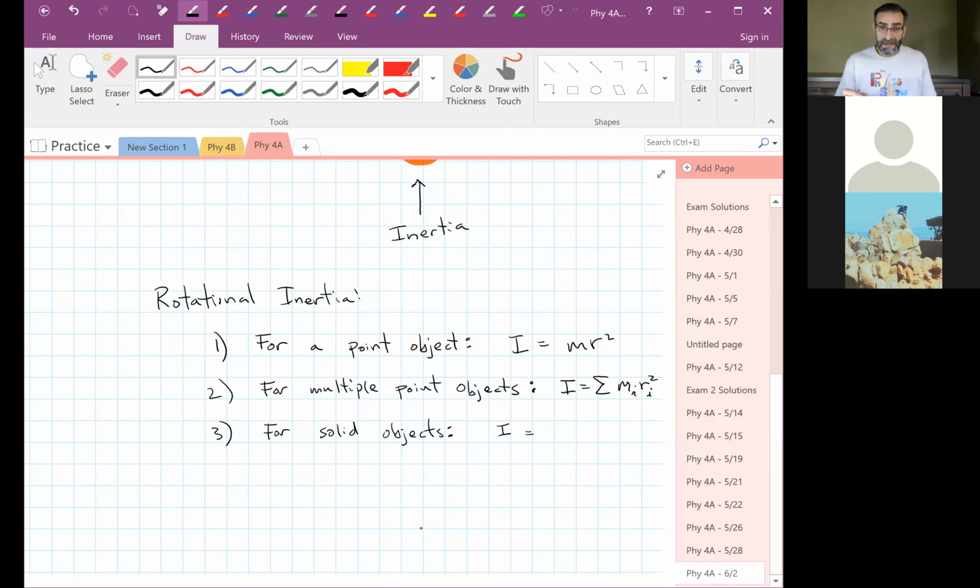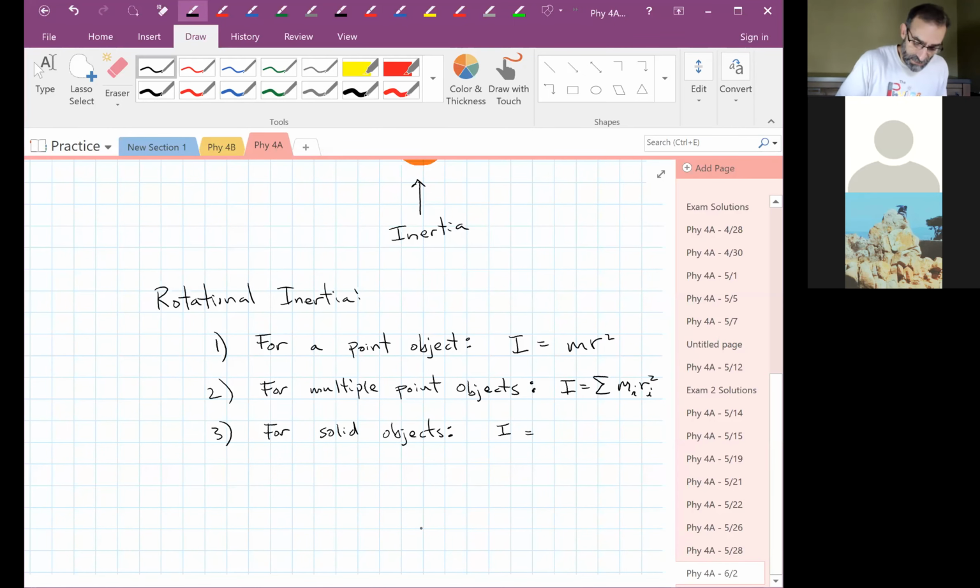So what do we do in physics when we want to think about what happens to a solid? We pick a little tiny infinitesimal chunk of the solid, a little tiny part of the total mass. We call that dm. And because that chunk is so tiny, we treat it like a point object. And we multiply it by r squared, and we sum up all the contributions from all the little dm's.